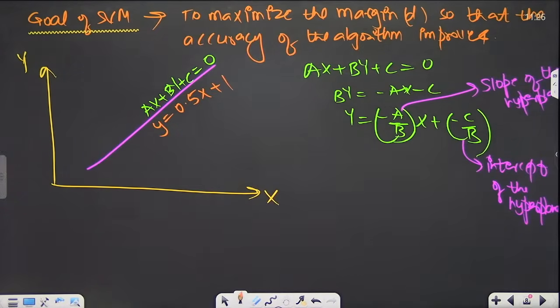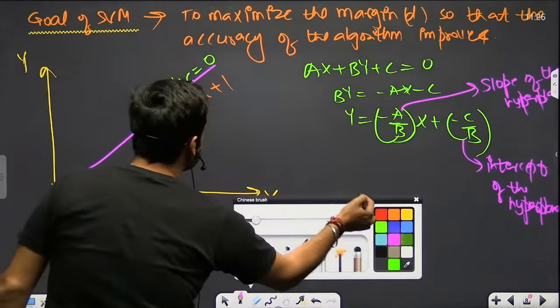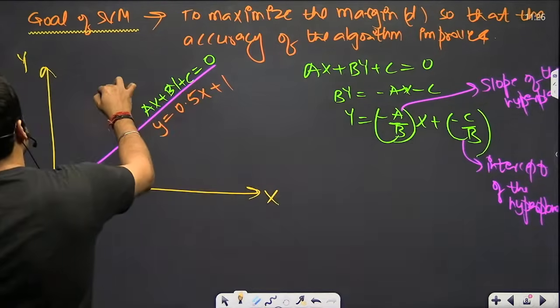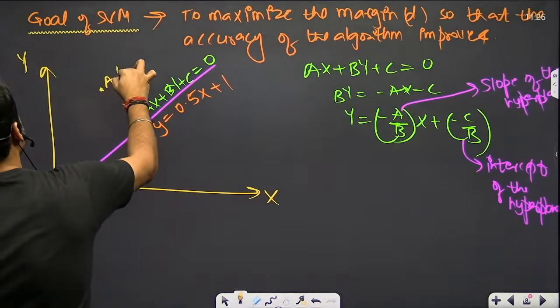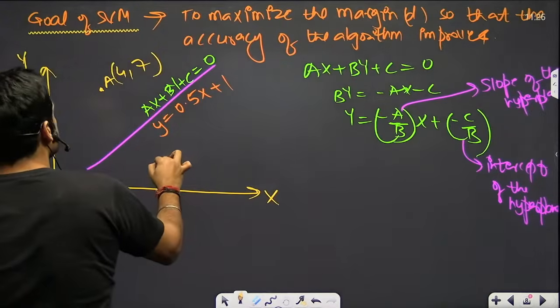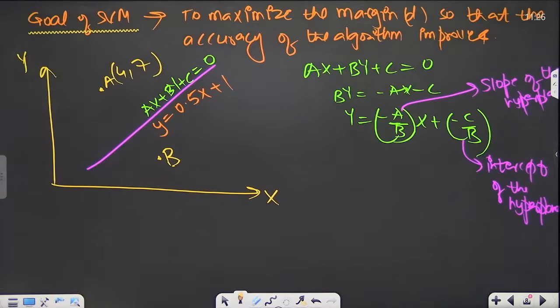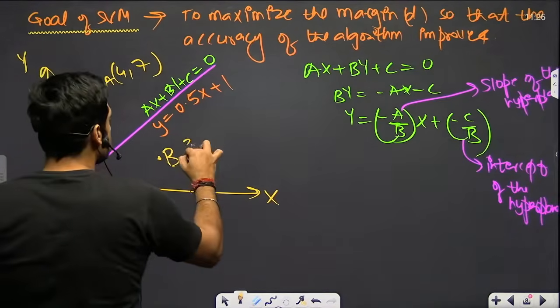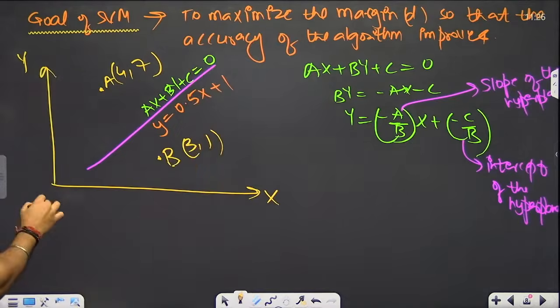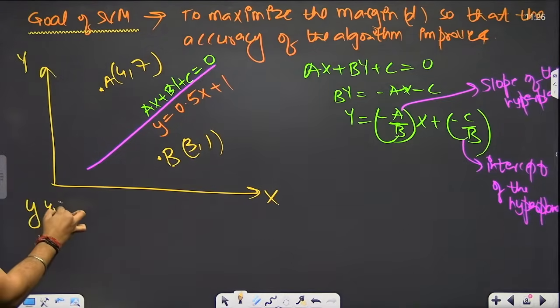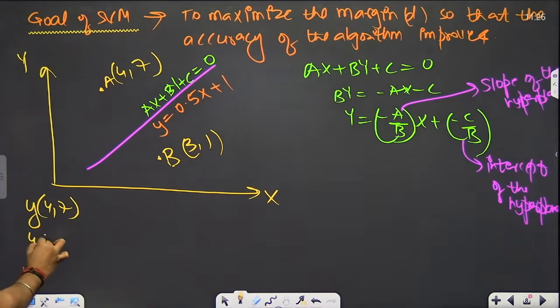The first point is point A. Point A is 4,7. I'm giving you a second point, point B, that is 3,1. Okay, that is 3,1. I want you to calculate y of 4,7 and y of 3,1.